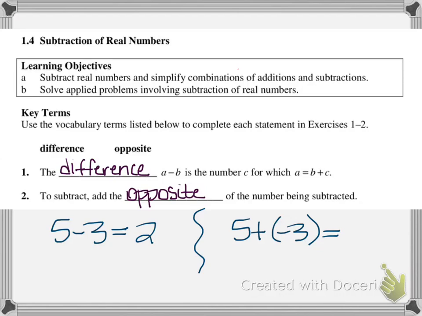So this would also be positive 2. So these two problems give us the same answer, which means 5 minus 3 and 5 plus negative 3 mean the same thing. So we're going to use that when we're solving subtraction problems. We're actually going to rewrite all of them as addition problems and then use our addition rules.